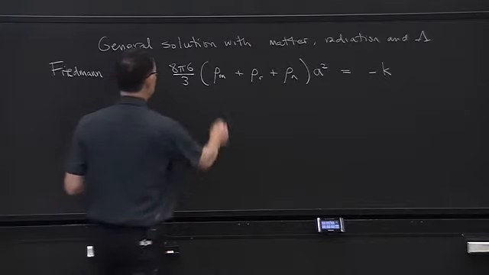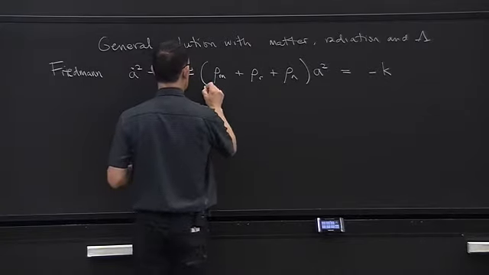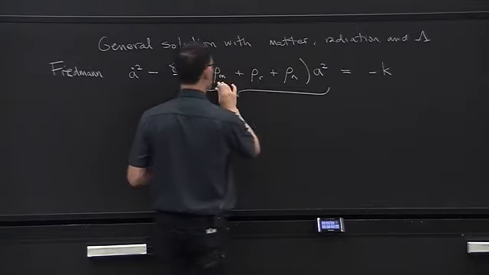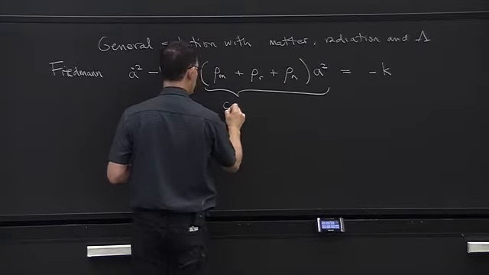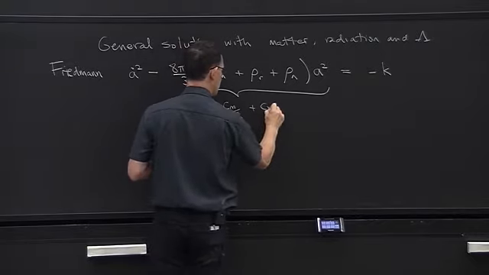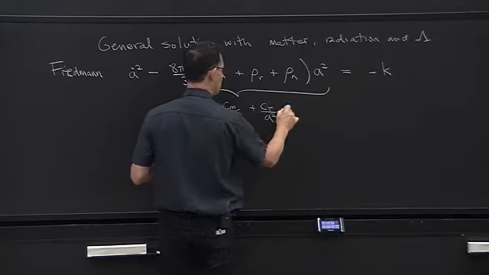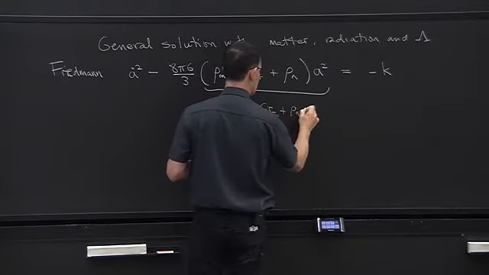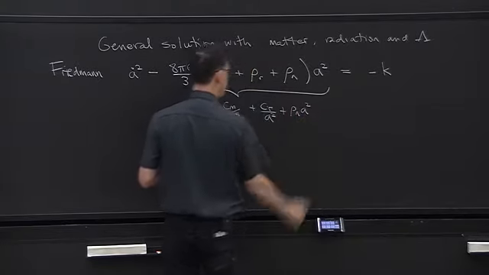And then these terms individually, so rho times A squared, this will be Cm over A plus Cr over A squared plus rho lambda A squared.